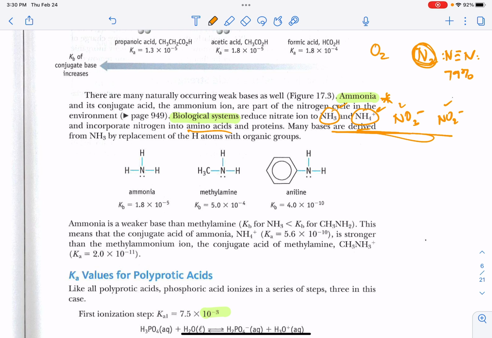And then, of course, animals can eat the plants. And then other animals can eat the animals. And as a result, then we get these nitrogen compounds into plants and animals where they can be turned into the necessary proteins and nucleic acids necessary for life.